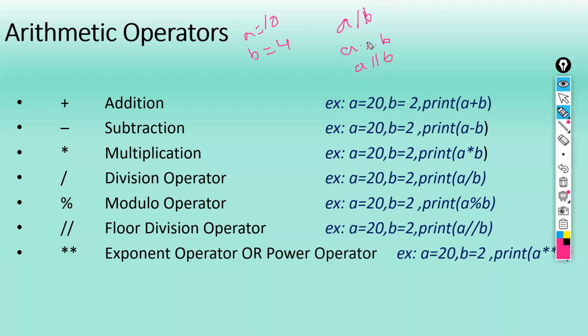So A is 10, B is 4, and what is the value of A by B in Python? Let's take print A by B, print A modulo B, print A floor division B. I'll give you 1 minute, you can try.